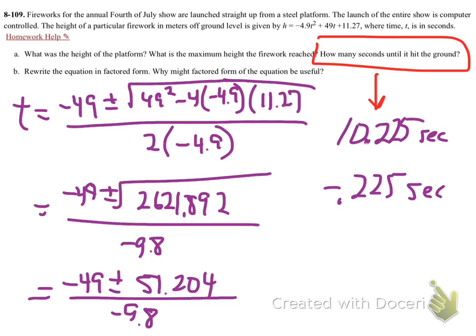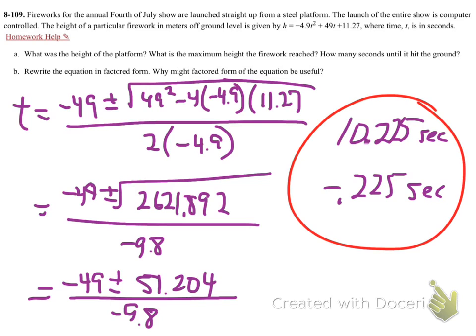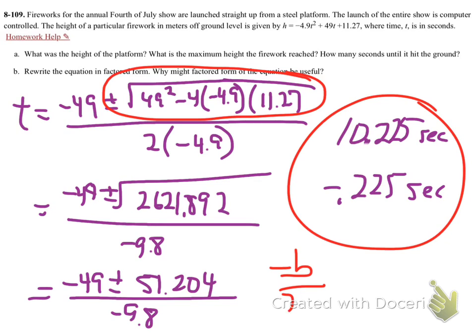However, I am going to use both of these solutions right now to help me find my vertex. If I average these out, I will get my line of symmetry. But another thing I can do is, anytime you're doing the quadratic formula and you're averaging the solutions out, the square root parts just cancel out. So the line of symmetry is always the opposite of b over 2a.